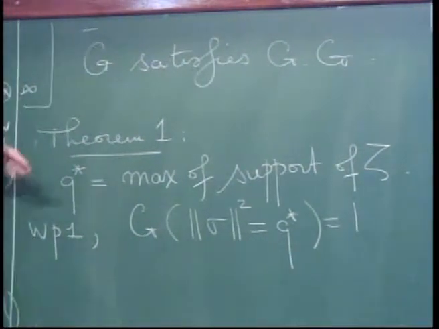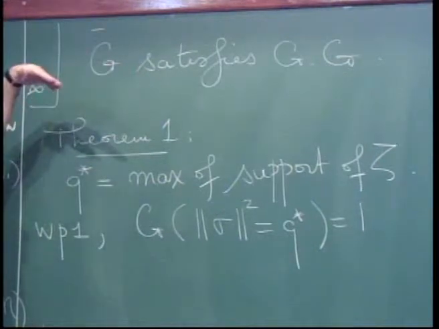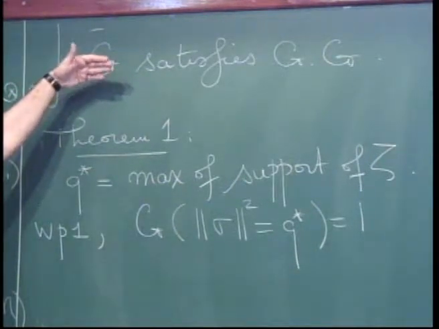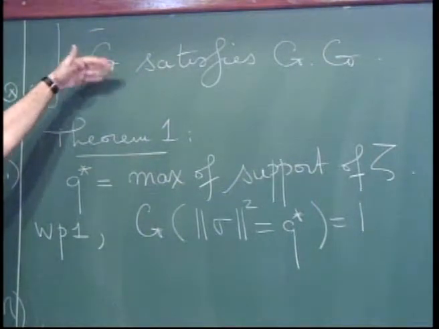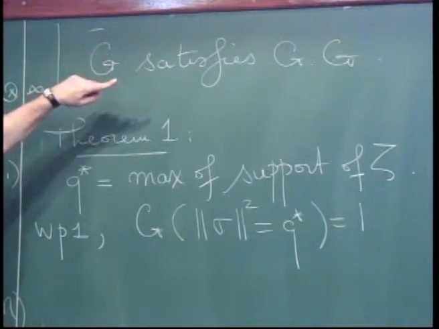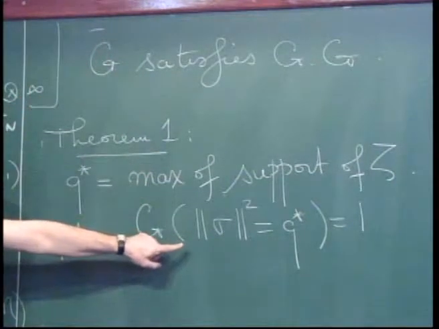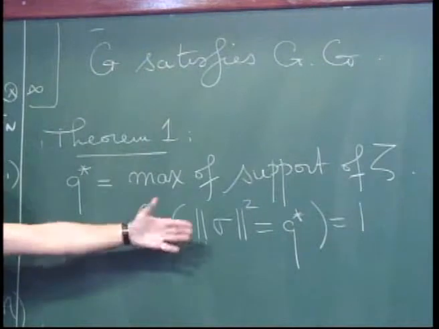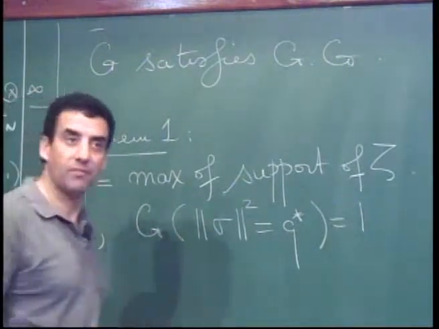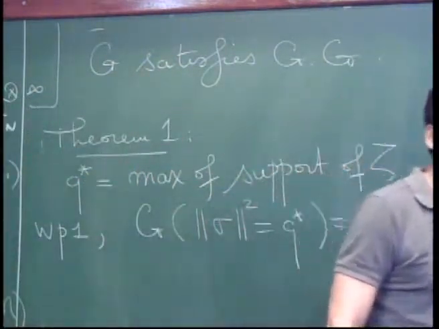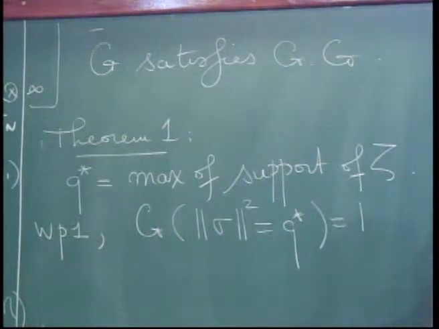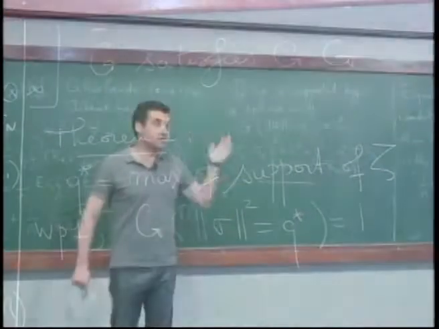So if you start with a measure which is on the unit ball of L2 or a separable Hilbert space, if it satisfies Ghirlanda-Guerra, in fact it is carried by a sphere. Of course, of radius smaller than 1. This Q star could be 1, could be smaller than 1. So what I said here was not a restriction, as you see. It's in fact implied by Ghirlanda-Guerra. So when you have Ghirlanda-Guerra, talking about overlaps or distances is the same thing.